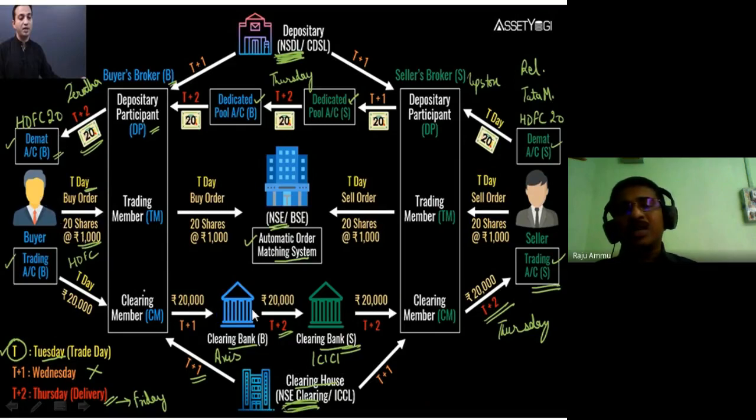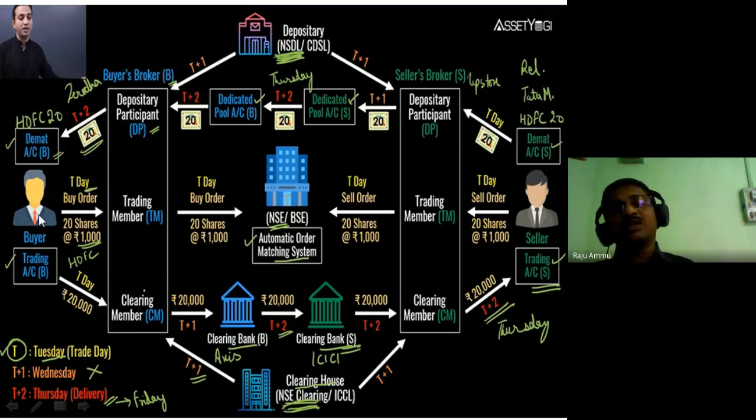The amount will be sent to the clearing member of that particular client, that is, Zerodha's clearing bank account, this 2,000 rupees will be sent. Now this 2,000 rupees will be transferred by the clearing member into the account of the trader, the client. Now he will be receiving that advantage like that.